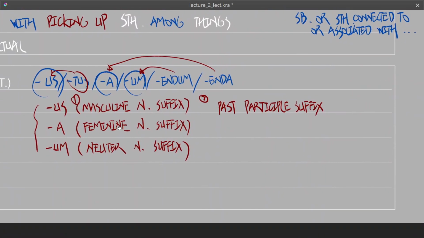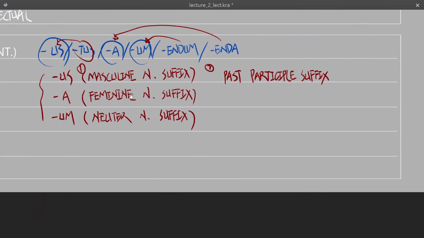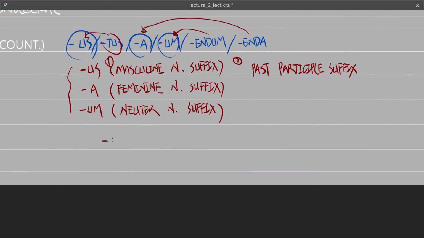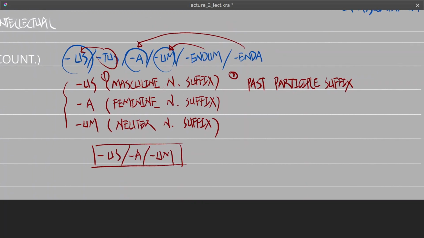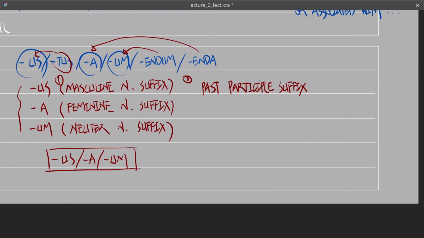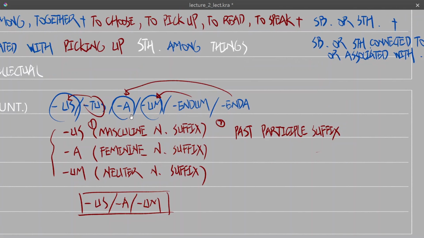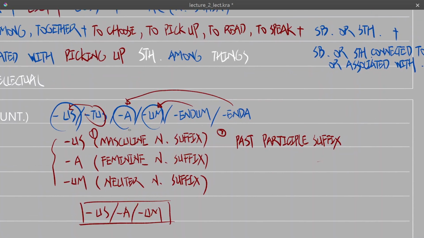So what it means is that this group could be either a noun suffix, a verb suffix, or an adjective suffix. All right, let's take a break and move on.